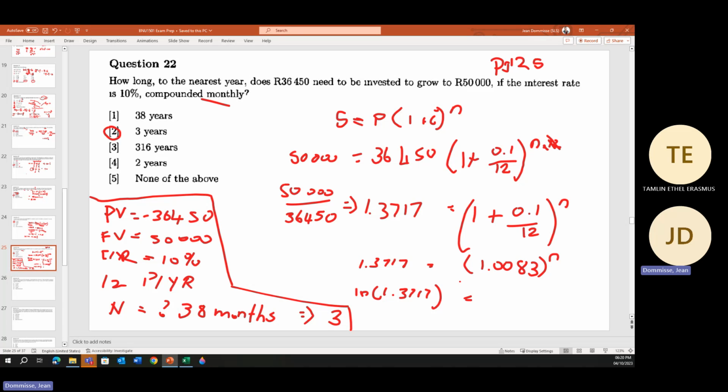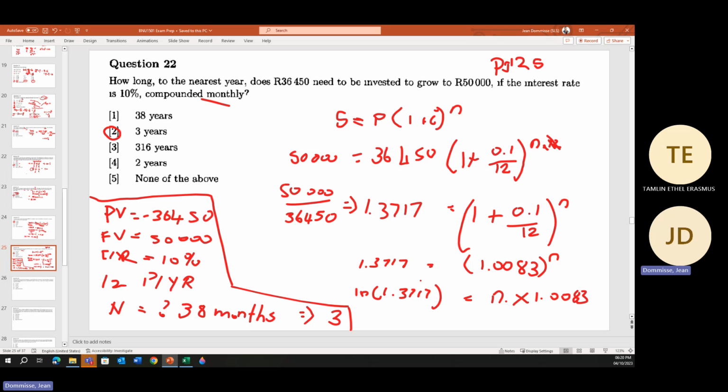We're going to use log of n so that we can basically say n comes to the front times 1.0083. So then let me quickly, if we say log 1.3717, we get 0.3161. And then if we divide by 1.